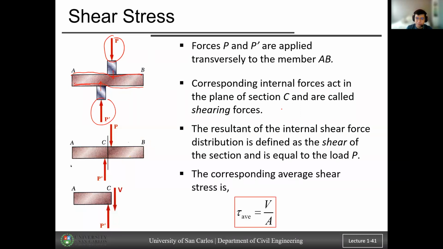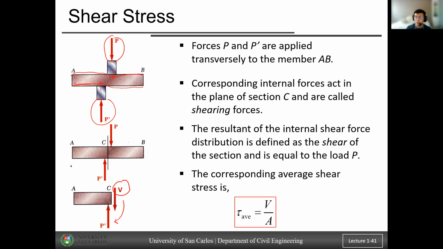Okay, so the resultant of the internal shear force distribution is defined as the shear of the section, which is equal to load P. So if you try to cut the material, and let's assume that P and P prime are equal in terms of forces, we can say that the shear of the section, let's say V, is equal to P prime.